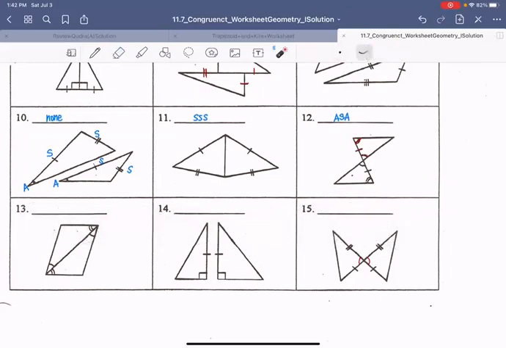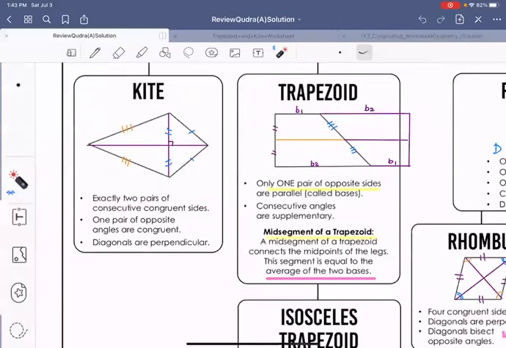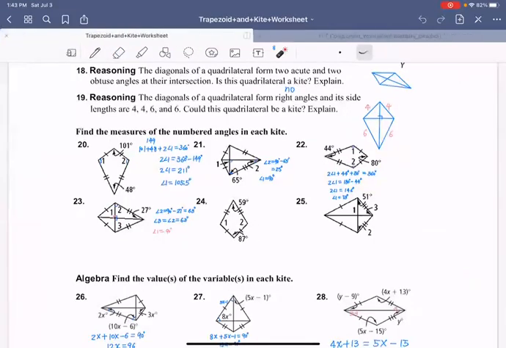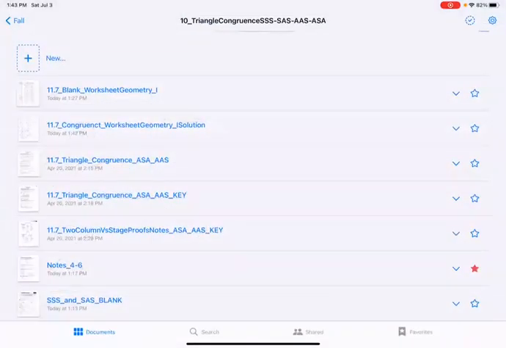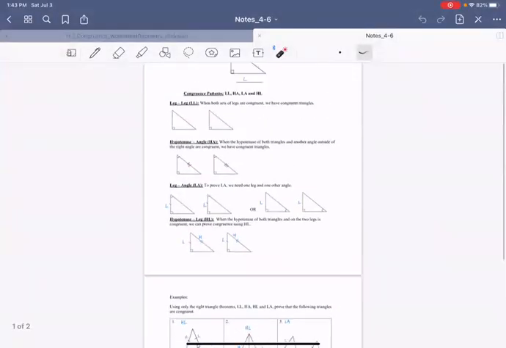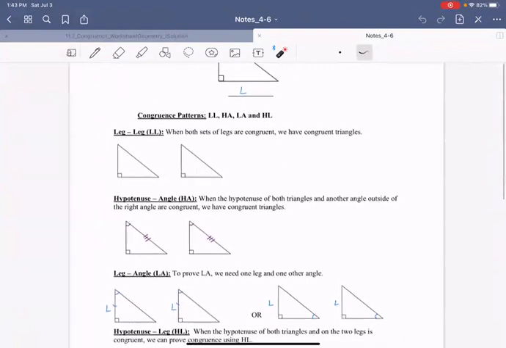Branson. ASA. This one. SAS. Wait, hold on. We learned about the right triangle congruency, right? Let's revisit that. Look at this.